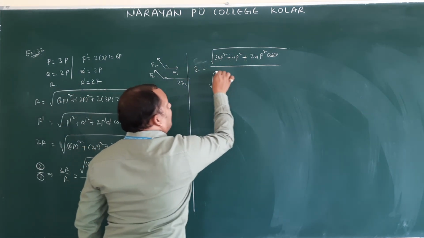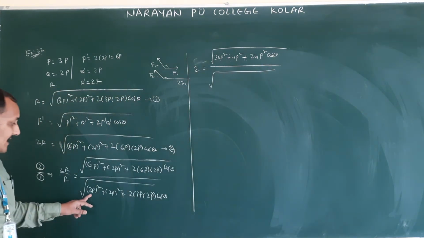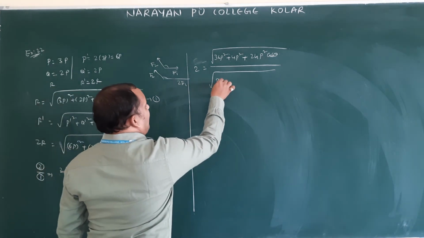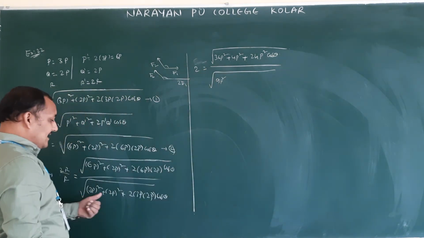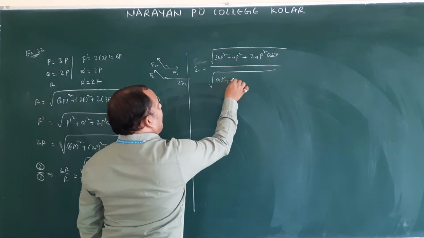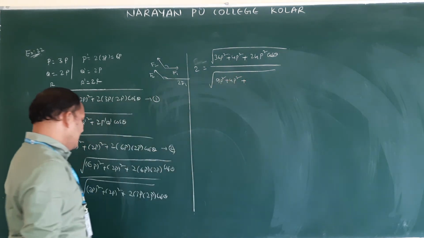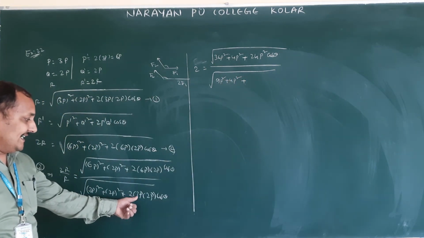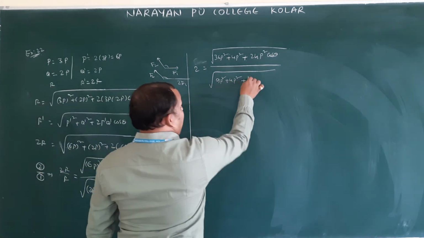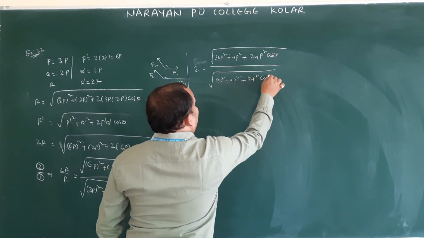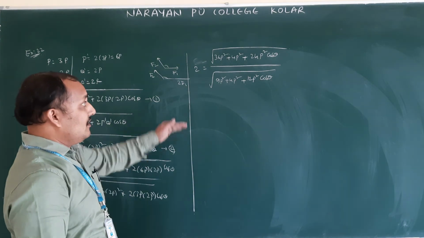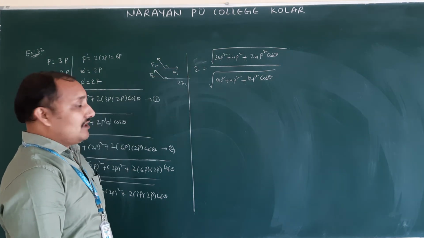Denominator will be 3p whole square, that is nothing but 9p square. 2 2s are 4, 4p square. 2 into 3, 6, 6 into 2, 12, 12p square cos theta.